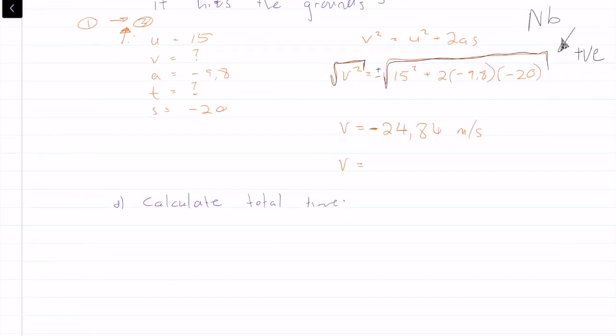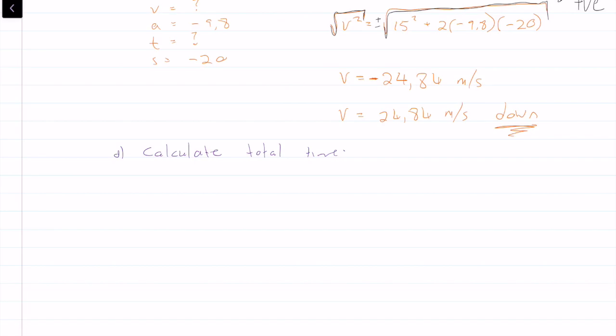So the velocity is equal to 24.94 meters per second down. That's very important. Don't get fooled into thinking that this phone is now moving upwards. We know that it's moving downwards. We need to use some common sense in these questions as well and just make sure that everything makes sense.